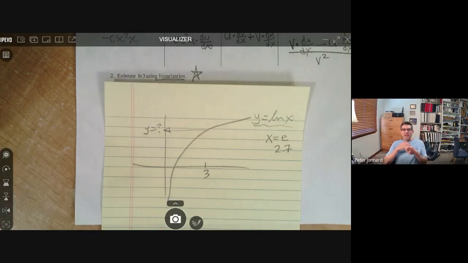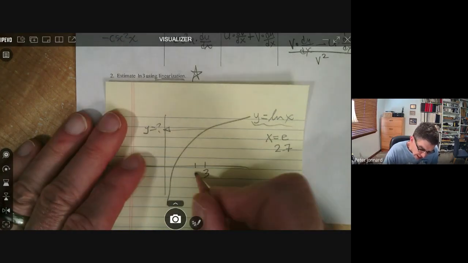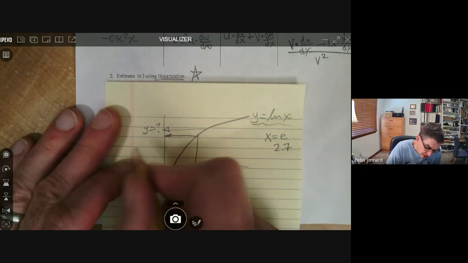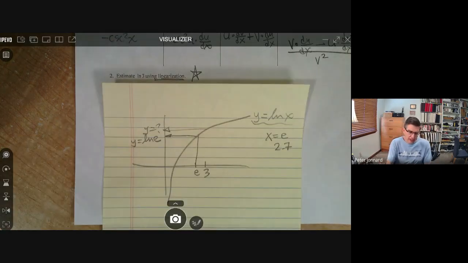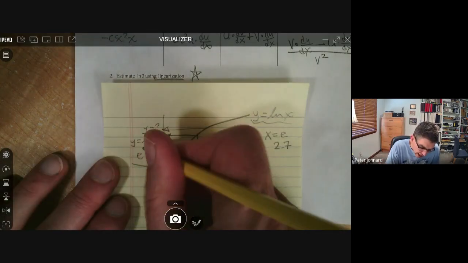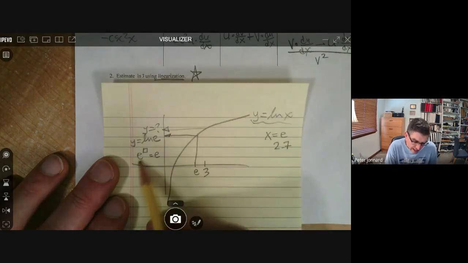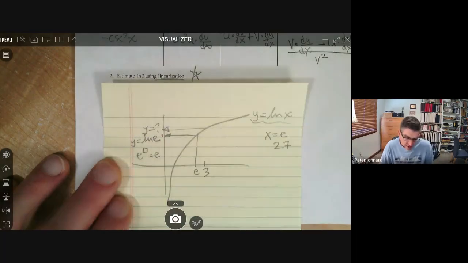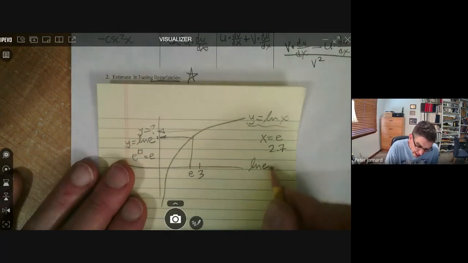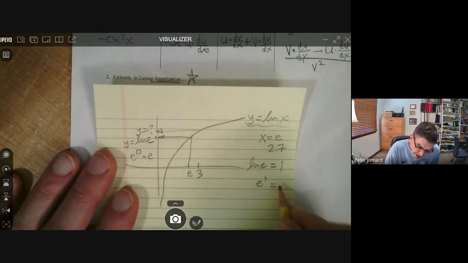If we go to e nearby, we know that this y value is equal to the natural log of e. By definition, the natural log of e is what power do you put on the base e to get e? That would just be 1. So the natural log of e is just 1, because e to the 1 is equal to e.